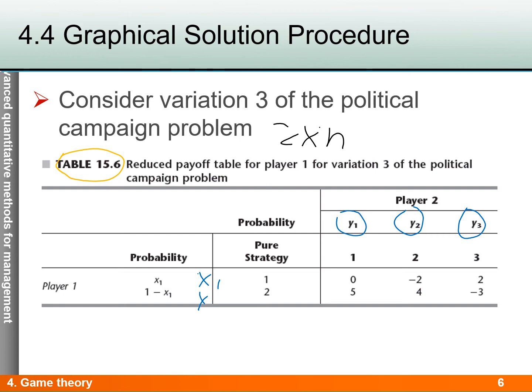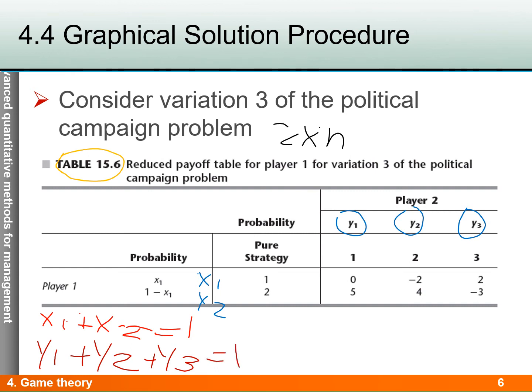For sure, I know that x1 plus x2 is equal to 1, and from the other side, I know y1 plus y2 plus y3 is equal to 1.